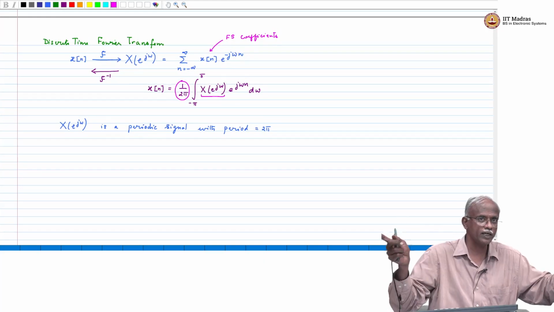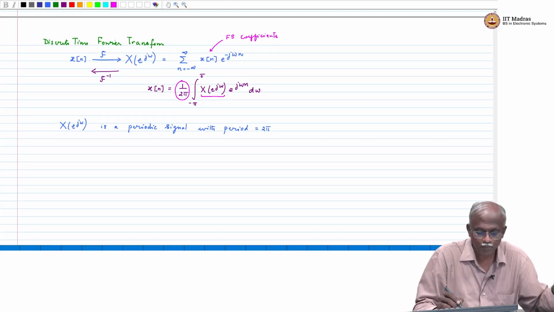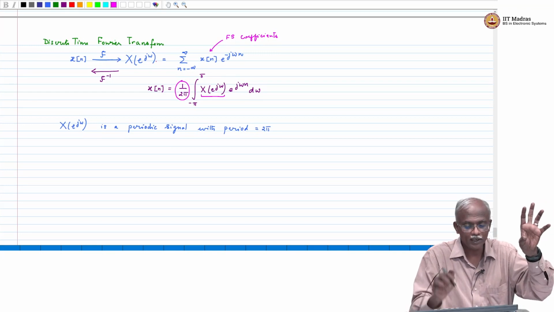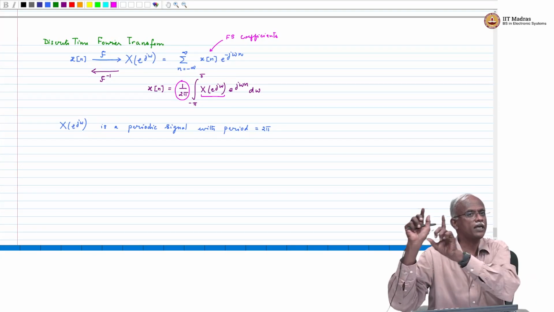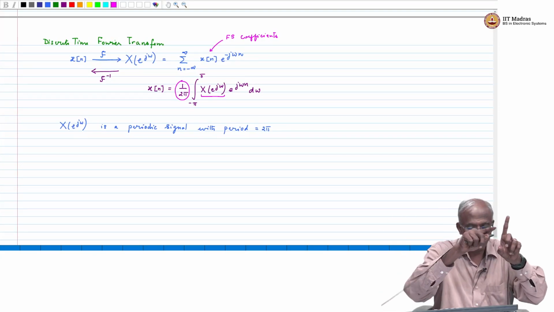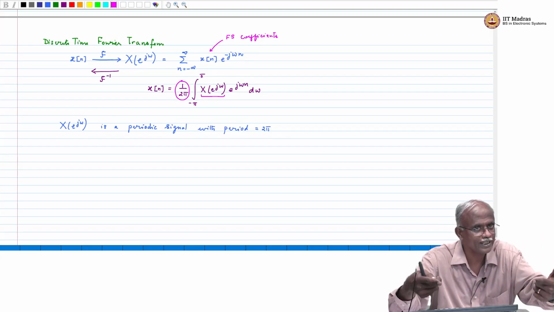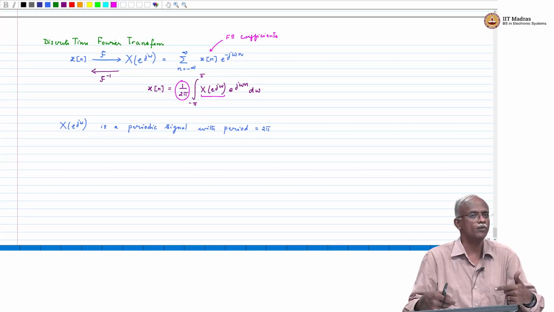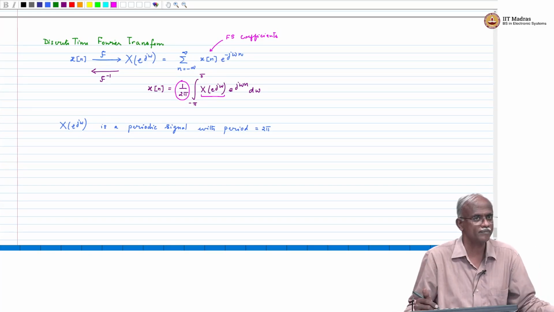So you have Fourier exponents which are both positive and negative frequencies. So this periodic signal X e to the j omega is given as a summation of some coefficients times the exponential. So the forward transform, if you interpret it as a Fourier series, then the inverse transform comes out to be just the computation of the Fourier coefficients.